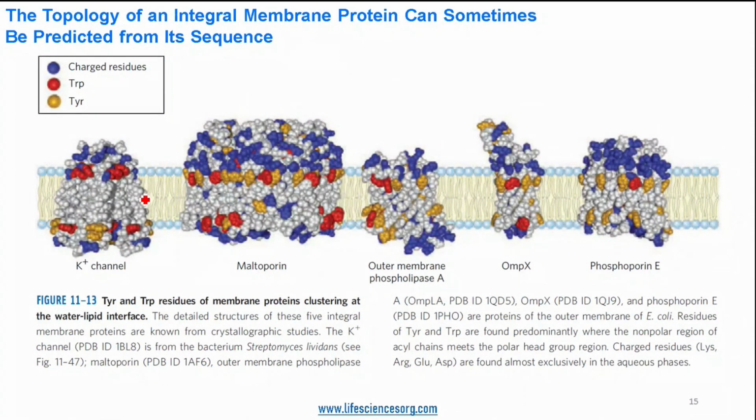Whenever a transmembrane protein exists, the hydrophobic amino acids will fall inside the lipid bilayer, but the hydrophilic ones will fall outside of the lipid bilayer. And we can see at the edges the red one and the golden yellow one, which are tryptophan and tyrosine.